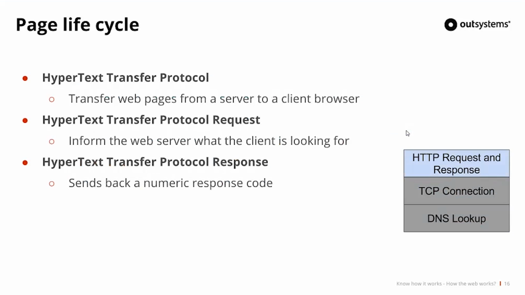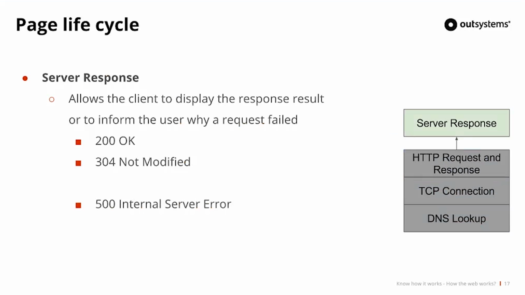The protocol request is when the web server starts looking for what the client needs, and in the response, it sends a numeric response code. That numeric response is the server response. Imagine you have the 200 response, we'll know that it is okay.